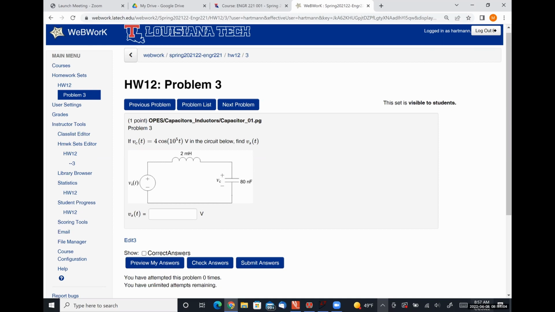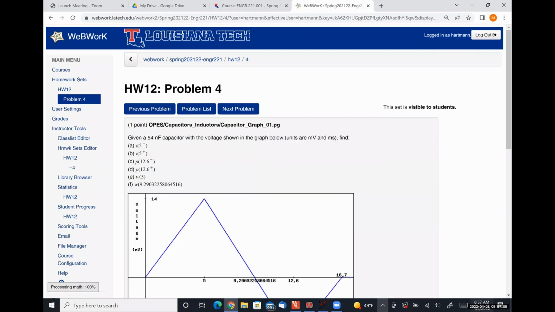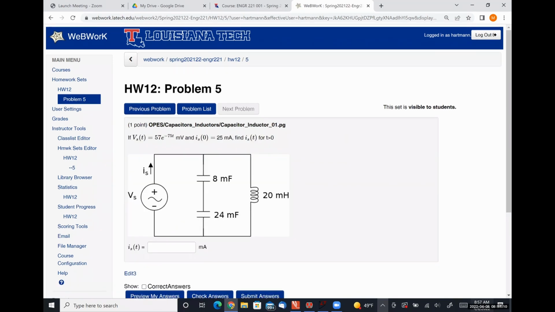Awesome. I noticed on problem 5 they have an AC voltage source. I thought capacitors behave differently with AC voltage sources than they do with DC, or am I mistaken? No, you're 100% right. But to a DC voltage source, a capacitor is just an open circuit. For anything that isn't a DC source, it's the relationships that we developed today in class.